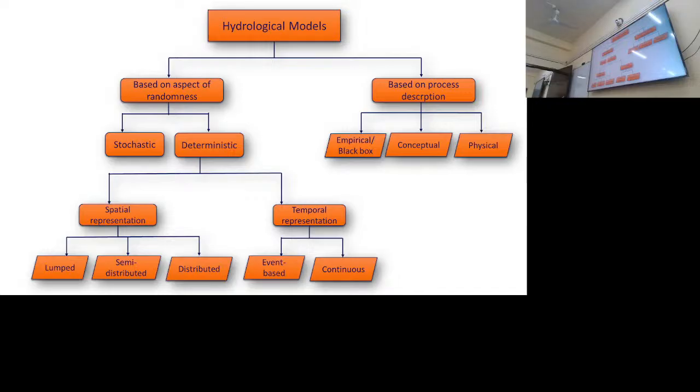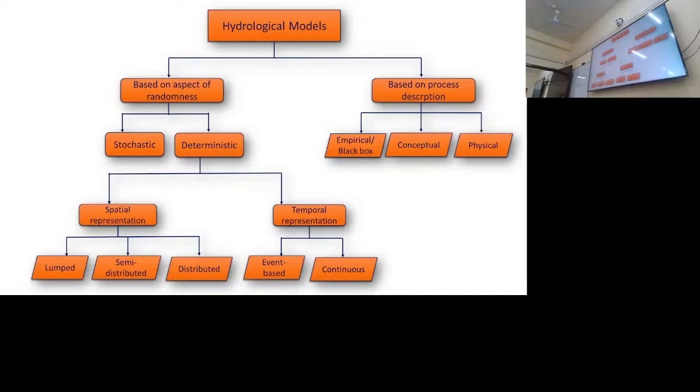For example, forecasting is deterministic, which means you have certain values for forecasting. Prediction is stochastic, which means there is some probability involved with the model.